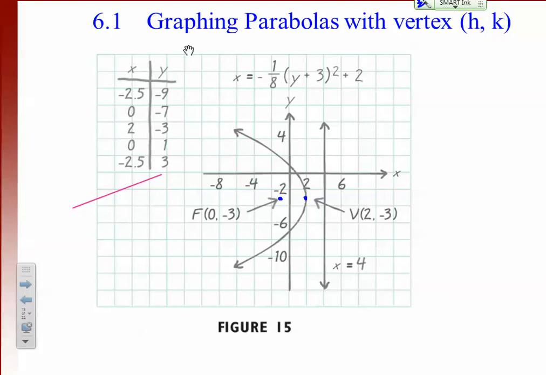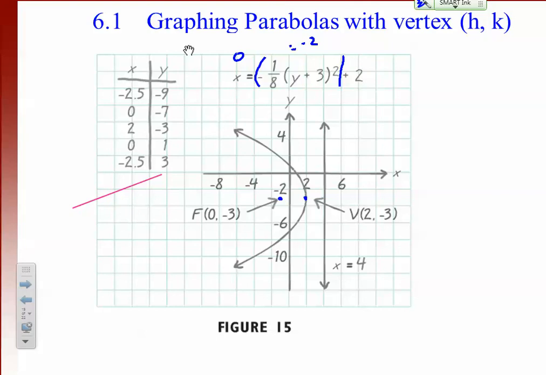Where does x equal 0? Where is this value equal to 0? Well, we can get that if this part here equals negative 2, right? And we can get that from this: what times negative 1/8, what divided by 8 equals negative 2.